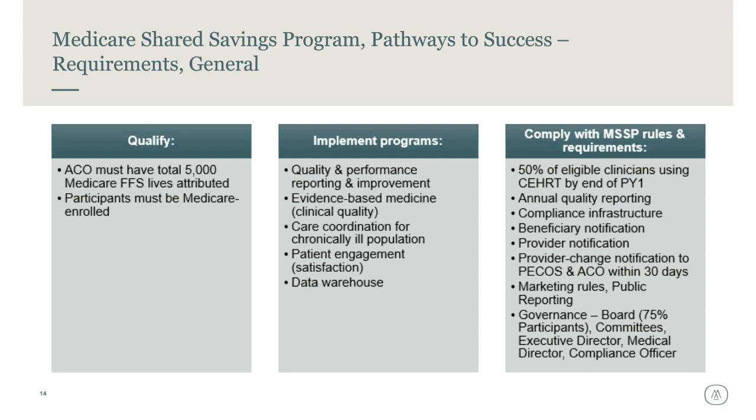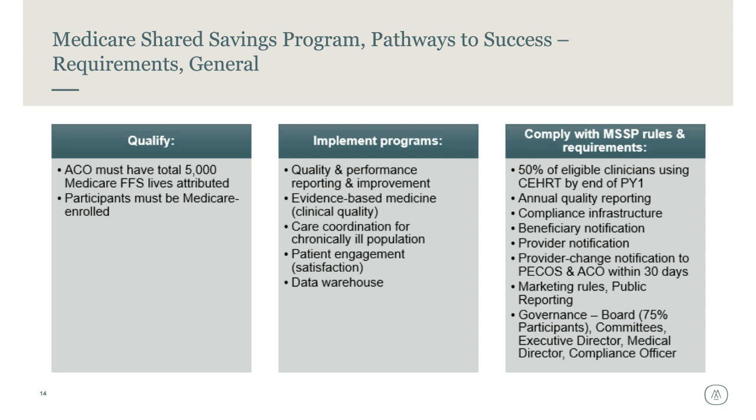So 50% of the clinicians need to be on certified electronic health records. You have to complete the annual quality reporting process, and need to have a compliance plan, an officer, and compliance infrastructure. There are beneficiary and provider notification processes to complete. You do need to keep the PCOS system and the ACO up to date about any provider changes, and that should be familiar.